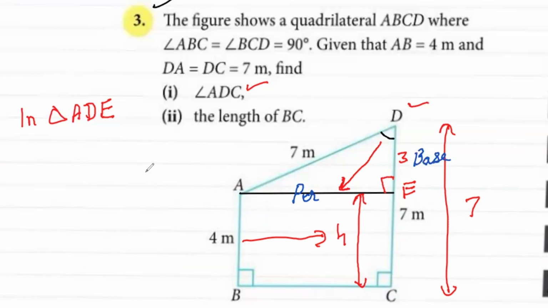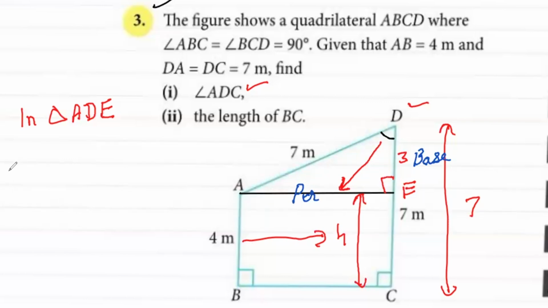Now to find out the angle, we can use base over hypotenuse.